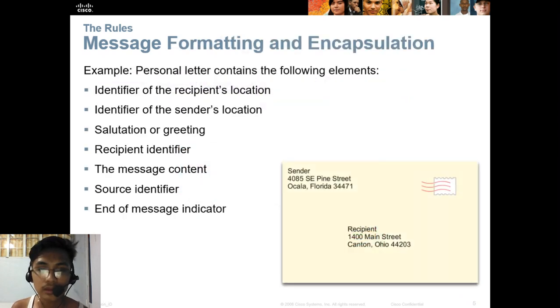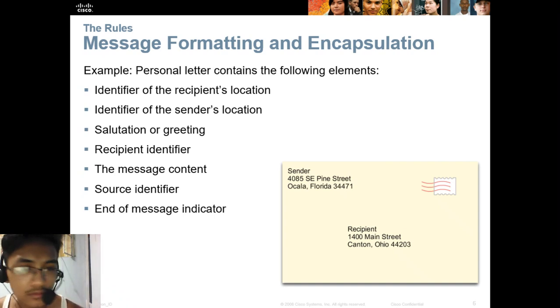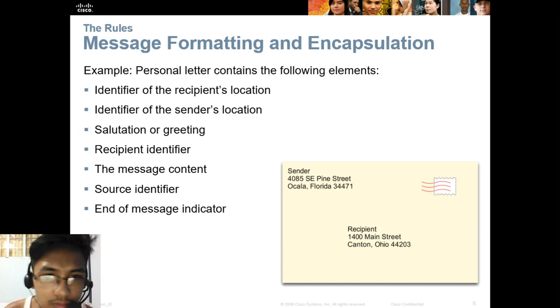Message formatting and encapsulation. An example is the personal letter: identifier of the recipient's location, identifier of the sender's location, salutation or greeting, recipient identifier, the message content, source identifier, and end of message indicator. We have here the picture of a letter with the sender address and the recipient address.